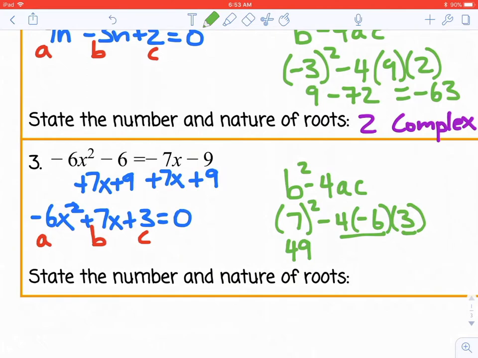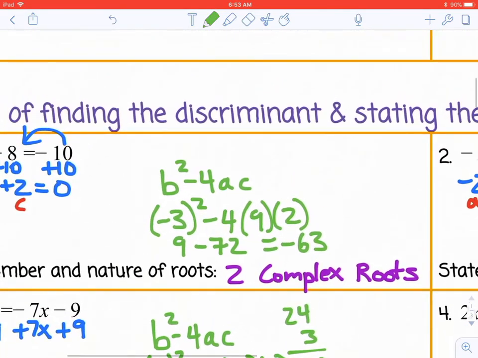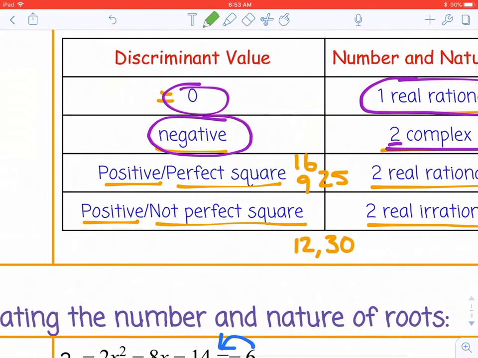Let's see, 24 times 3 would be 72. Yep, so 49 plus 72 would be 121. And then 121 is positive and it's a perfect square, because the square root of 121 would come out evenly as 11.